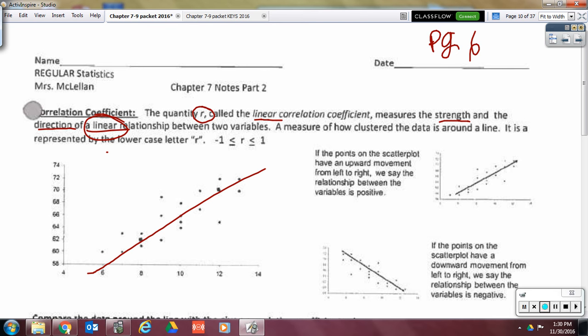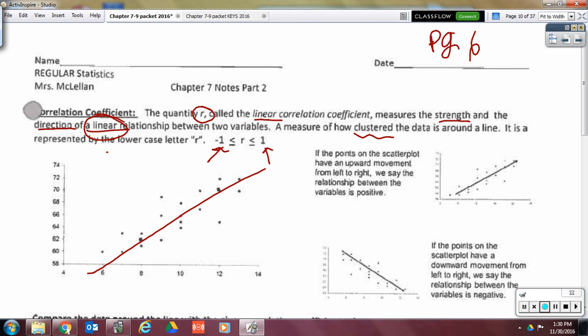So we have a measure of how clustered the data is around the line. It is represented by this lowercase r. Now, this correlation coefficient is from -1 to +1, so they're basically all these decimal values.